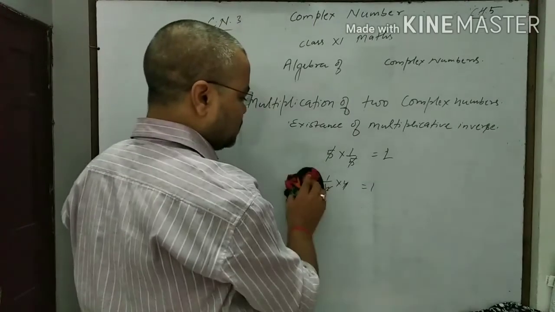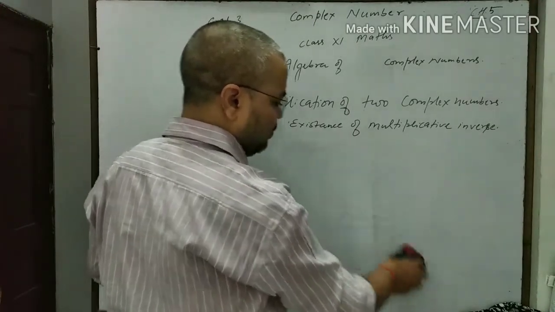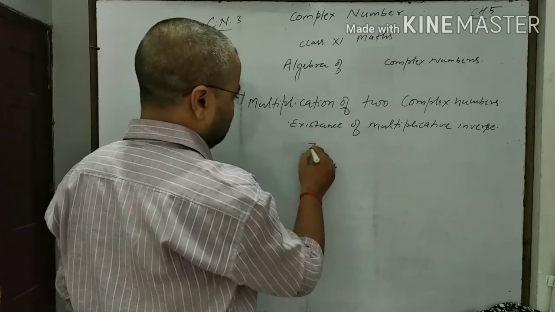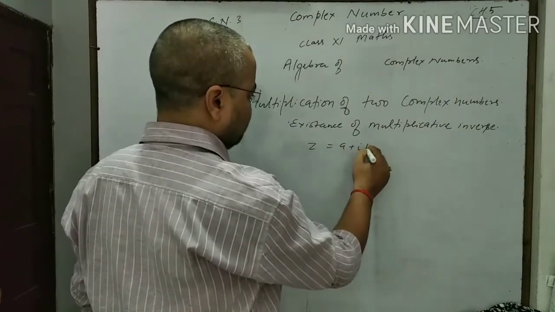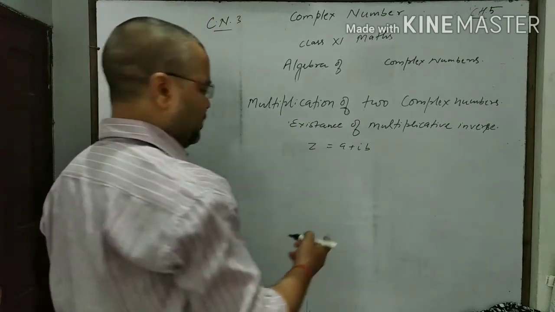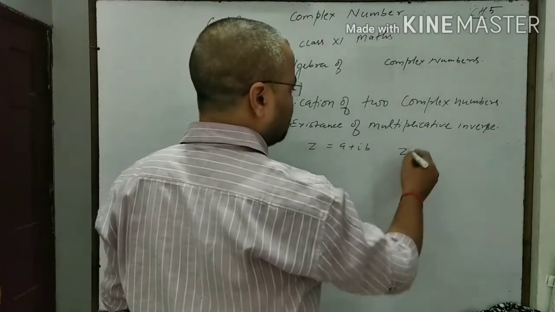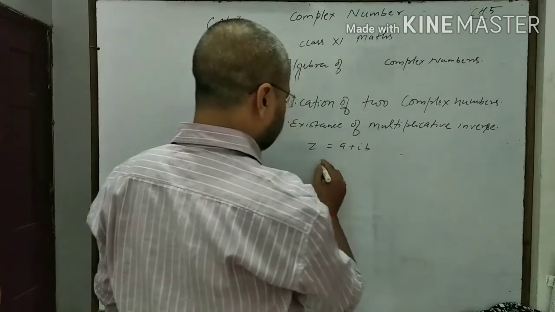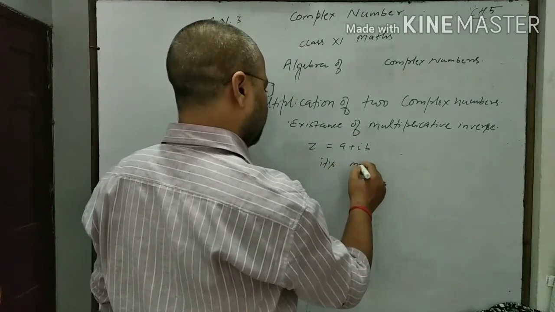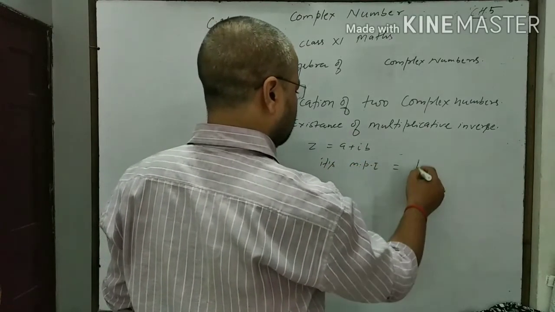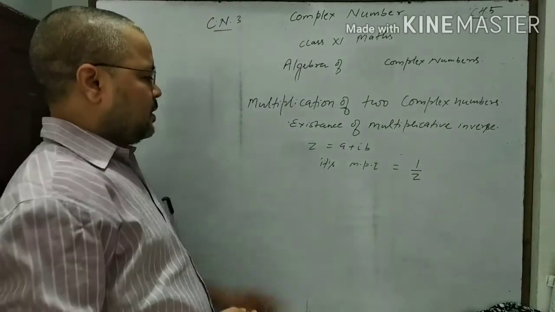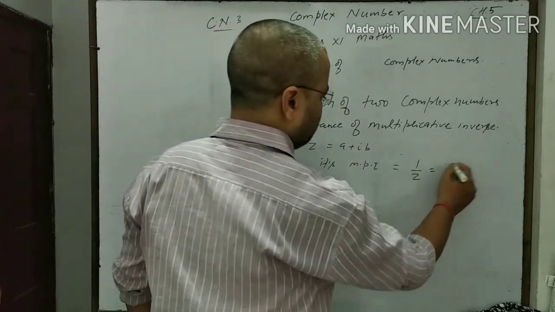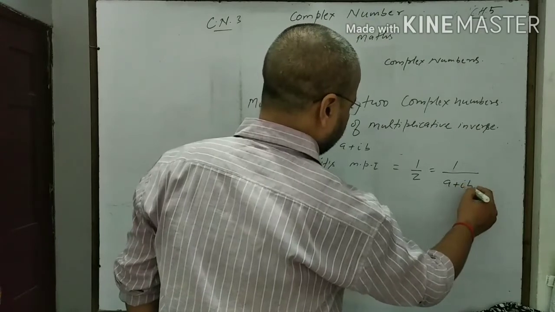Similarly, we can also get the multiplicative inverse of a complex number. If we have z equal to a plus ib, then its multiplicative inverse is equal to 1 by z, which is equal to 1 upon a plus ib.